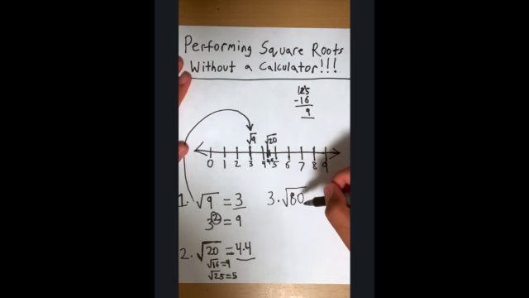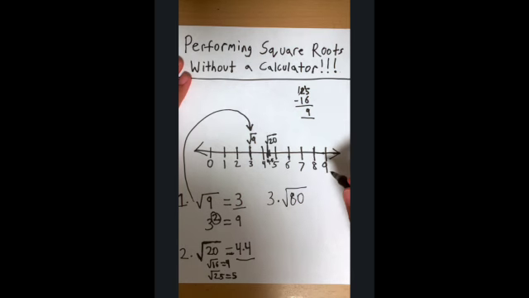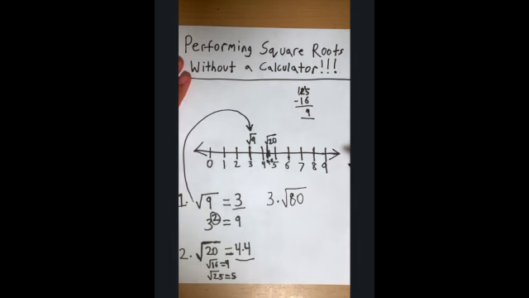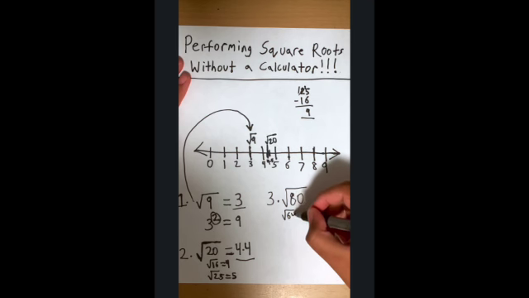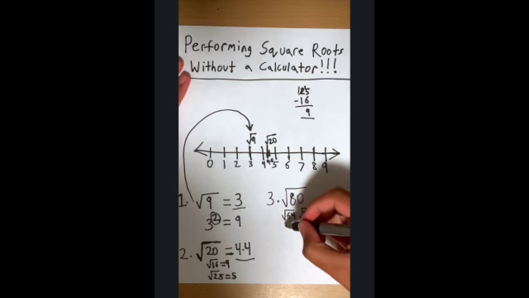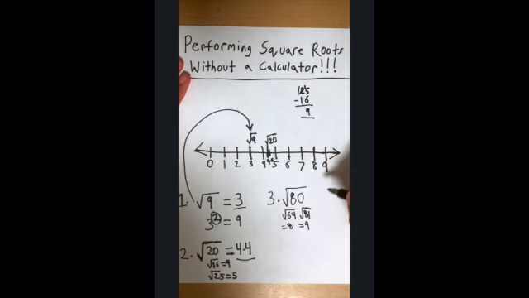Well, I know that there are two perfect squares, two square roots that equal a perfect square number, and those are the square root of 64 and the square root of 81. The square root of 64 is equal to 8, and the square root of 81 is equal to 9. Since 80 is in between, it'll be between 8 and 9.